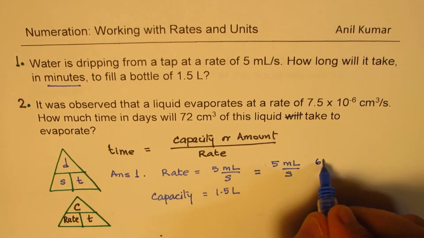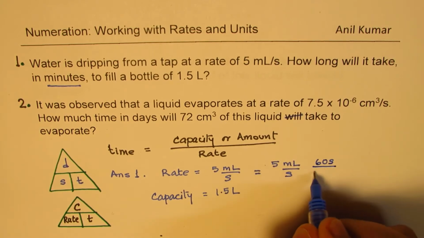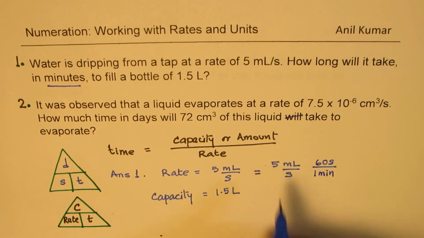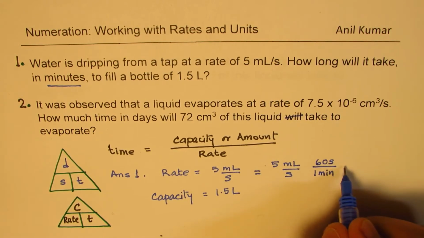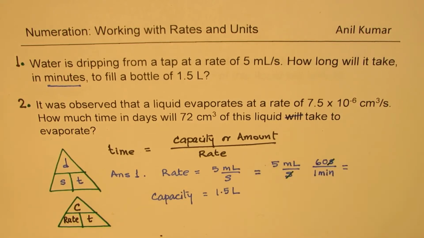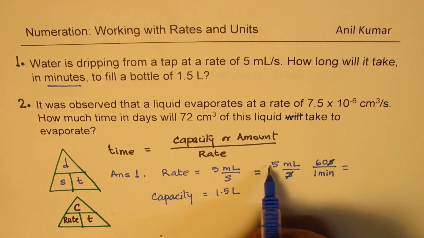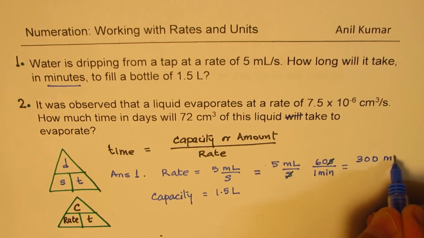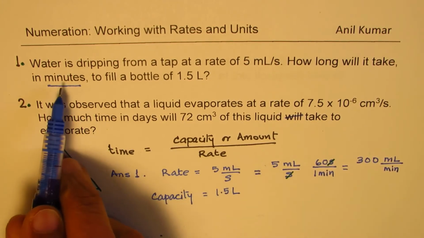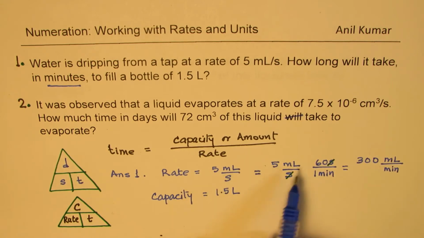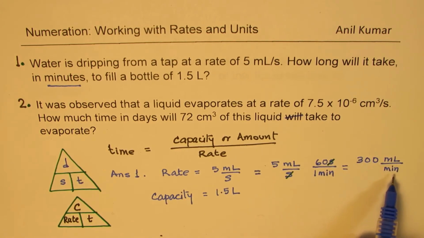We have 60 seconds in 1 minute. When you multiply by 60, you get your answer per minute; second and second cancel. So you get 5 times 60, which is 300 milliliters per minute. Since we want our answer in minutes, it's a good idea to multiply this by 60 and write this in minutes itself.